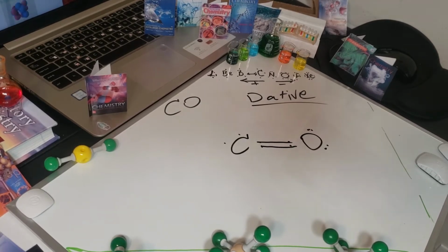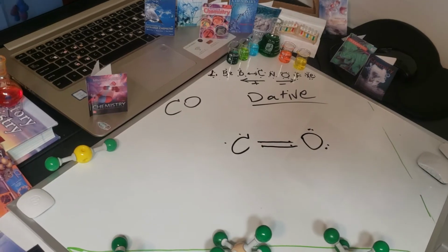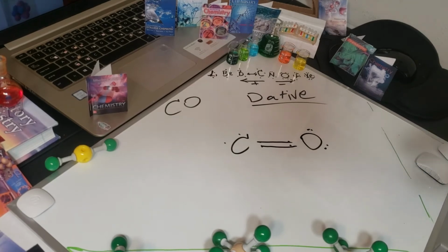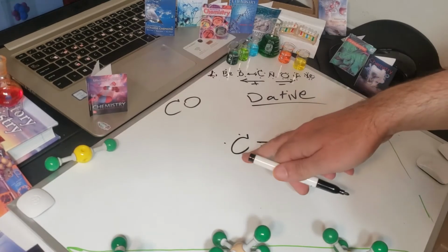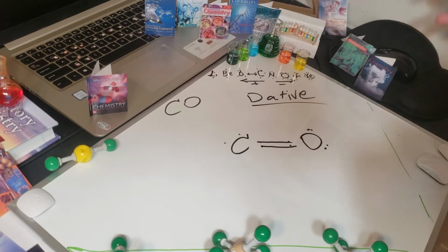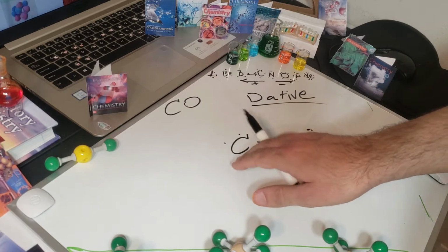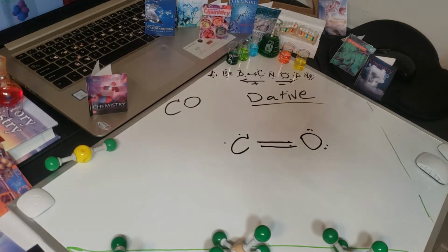And when we talk about dative bonding, it's interesting that dative bonding is responsible for when your central atom, and the central atom here is the one that we talked about previously. Central atoms are those that we consider to have more single reacting electrons. So my central atom is not filling its octet.